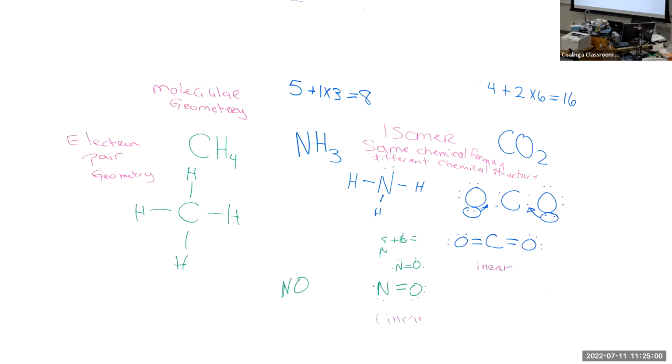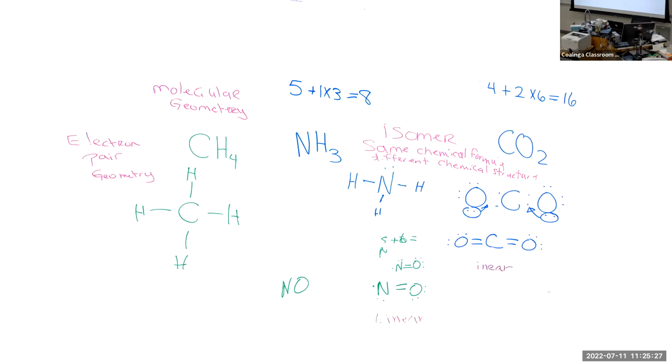Molecular geometry is what we actually see. We don't see the electrons. The electrons are kind of invisible to us. So this would represent the molecular geometry, and this would represent the electron pair geometry, where you're actually taking the electron pairs into consideration.